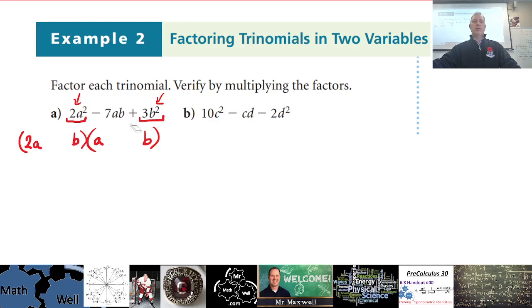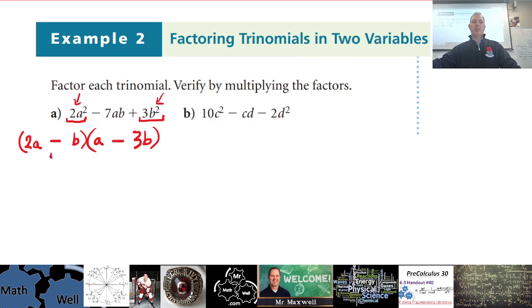And then you're still going to want to do your testing, your trial and error, intuition, to see if you can get a sum of products that will add up to your middle term. So what about a 6ab and a 1ab? Can I get to 7 there? Yes, it looks like it. Now, if I did -6ab and -1ab, do you see how that gives us -7?